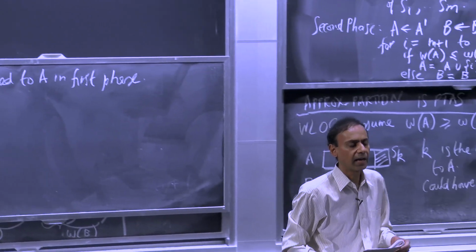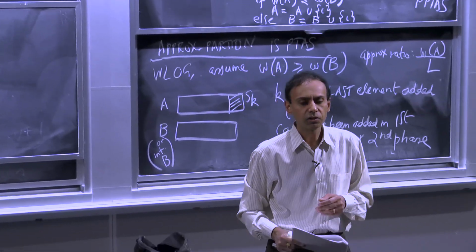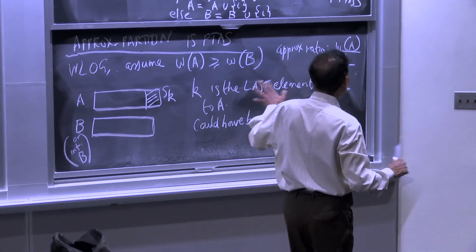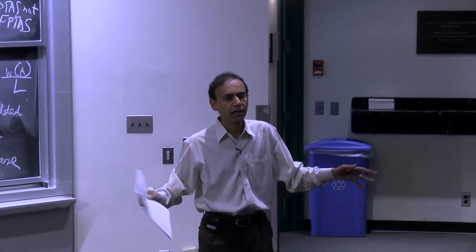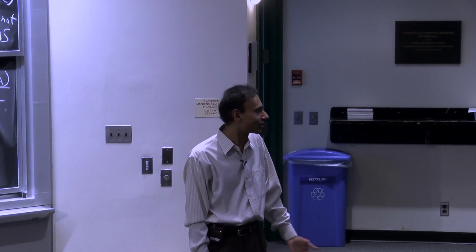If K was added in the first phase to A, and that's the last element added throughout the algorithm, by the time you get a partition, what can you say about the solution? What strong statement can you make about the solution?